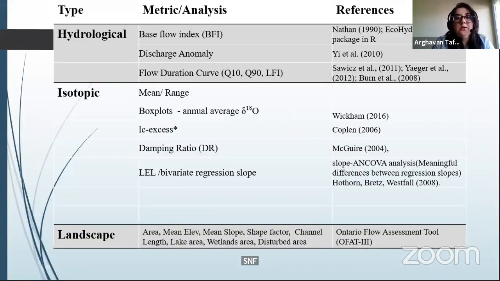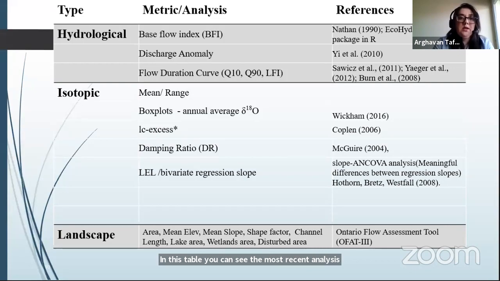In this table, you can see the metrics and analyses that I used through my research. I can divide them into hydrological, isotopic, and landscape analysis, but today I want to mention just the most important ones for you.